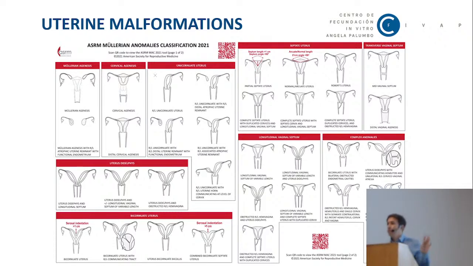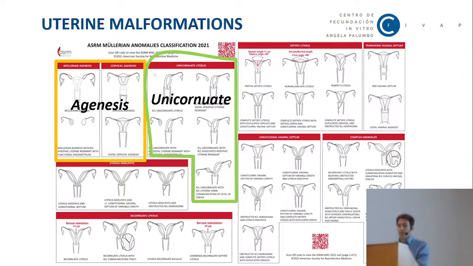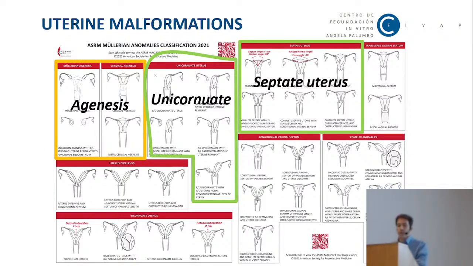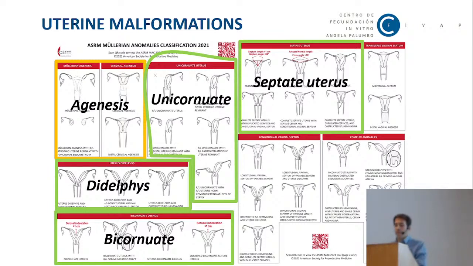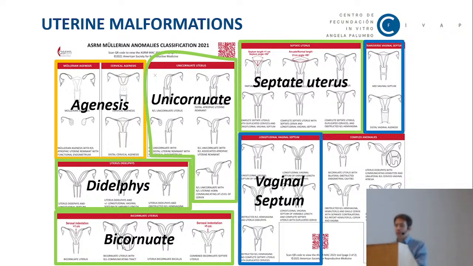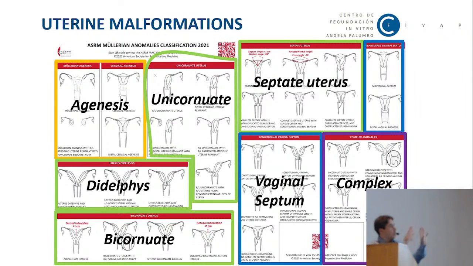So we have 7 big groups: the agenesis group, the unicornuate group, the septate group, the didelphys group, the bicornuate group, the vaginal septum group, and the complex group. This is the best way. It looks very difficult, but there are 7 groups that we have.